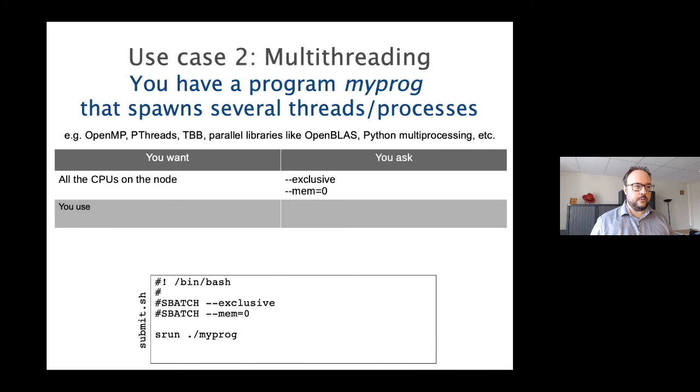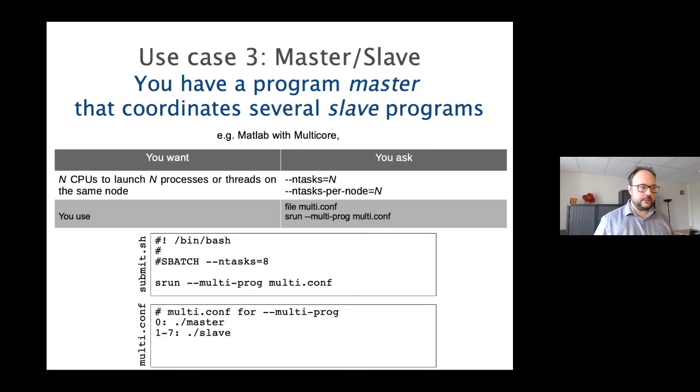So this was for OpenMP multi-threaded in general. You can sometimes have programs which are dubbed master and slave, where you have one program that distributes work to other programs, which are sometimes called slaves or followers or other terminology. Here you will also use --ntasks depending on the number of processes or threads you want to run.